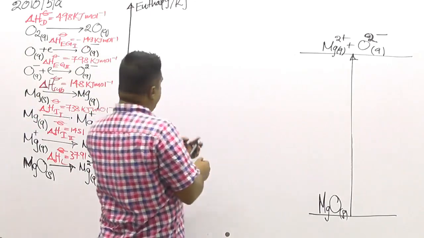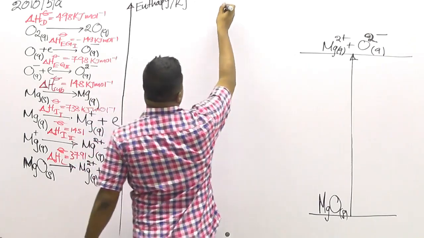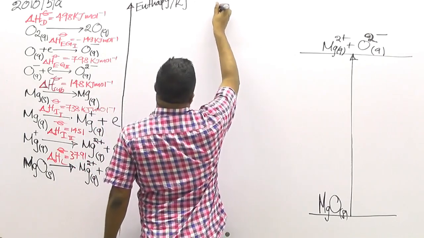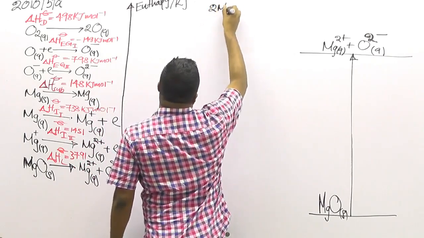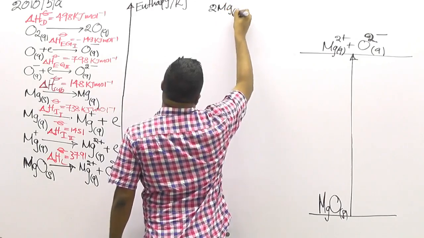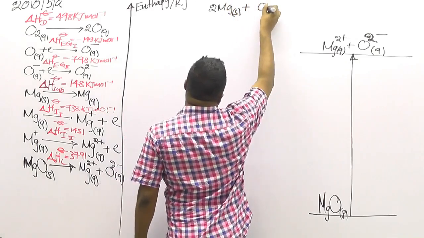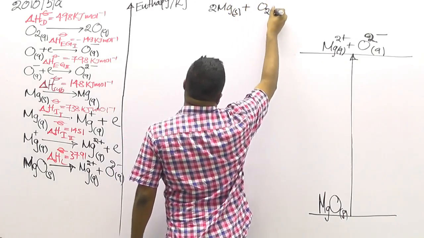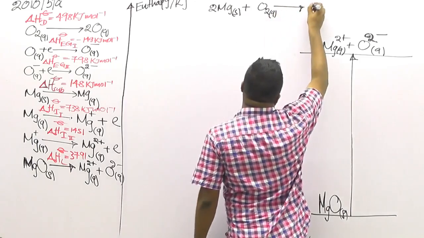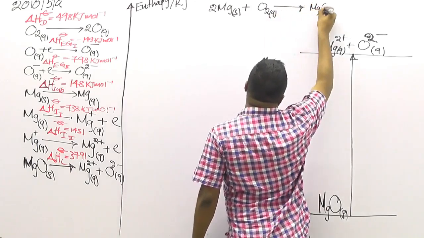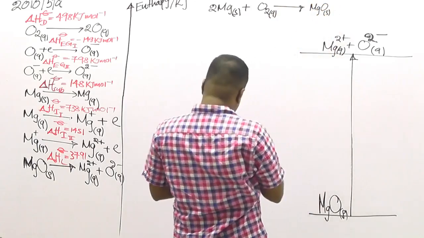Just I'll write here the balanced chemical equation: 2 magnesium solid with oxygen gas, you get 2 MgO solid.